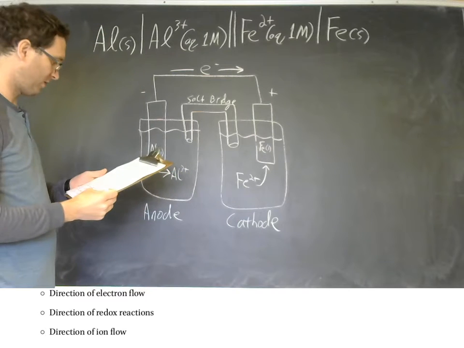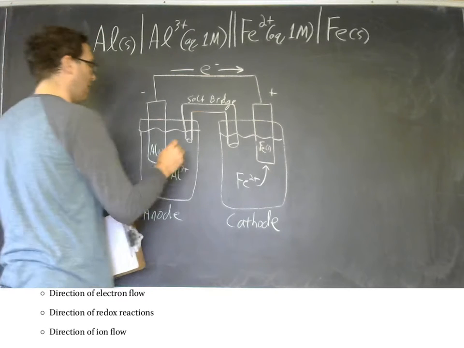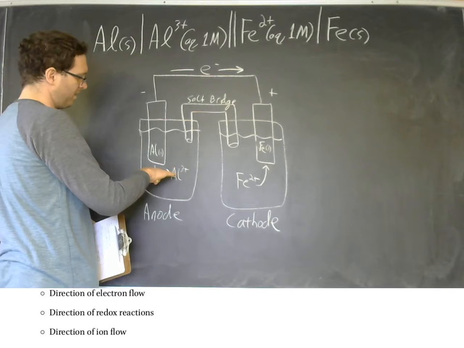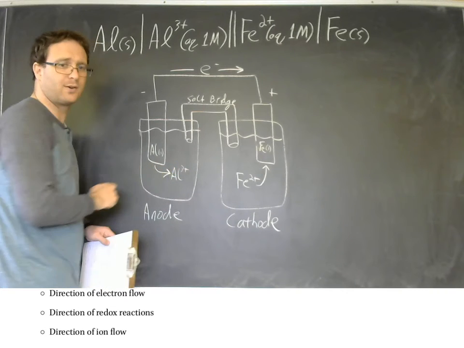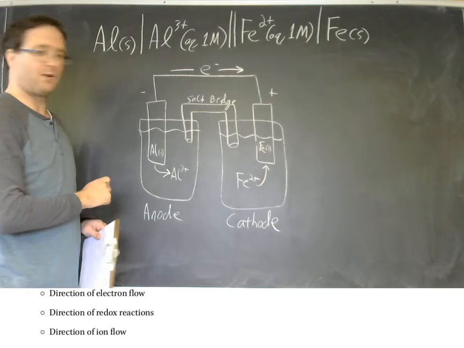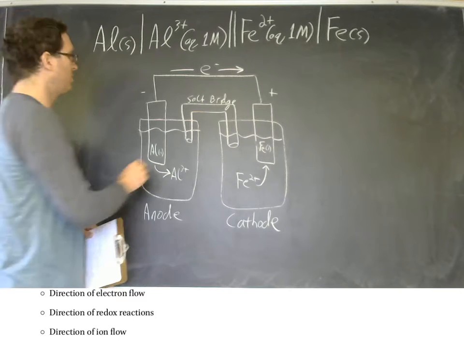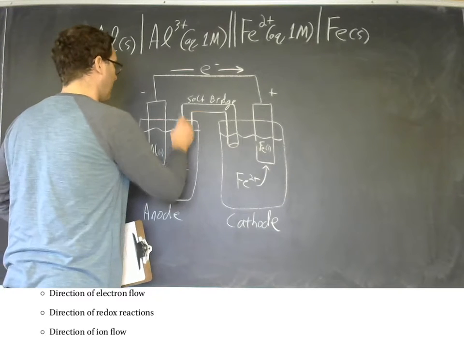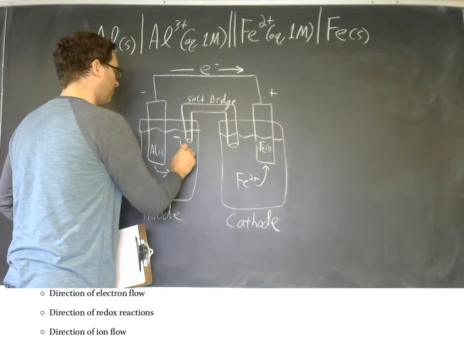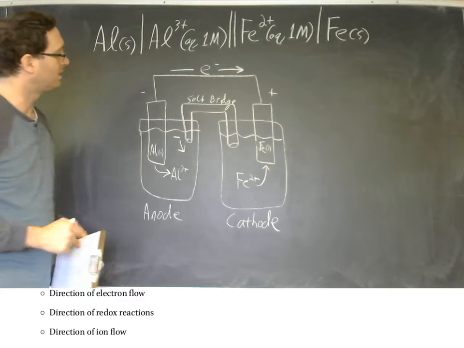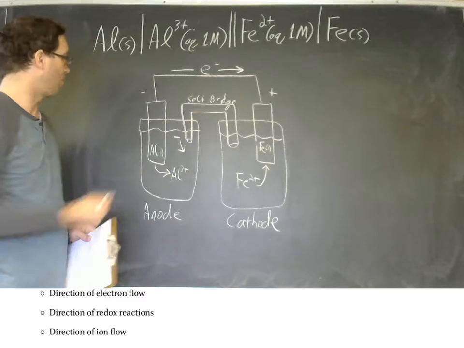The direction of ion flow. And so because there is a buildup of cations occurring in the anode from the oxidation of aluminum, we're going to have anions, I'll just represent that with a negative symbol, from the salt bridge flowing into the anode.